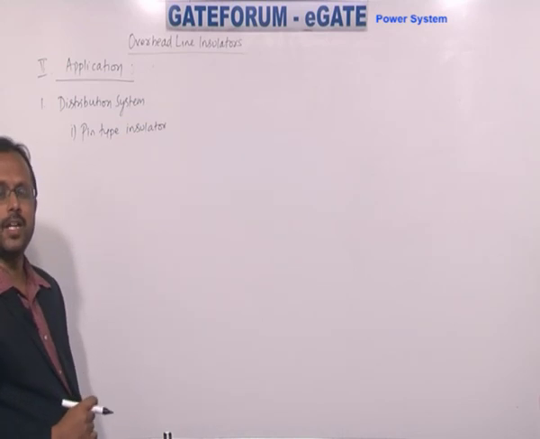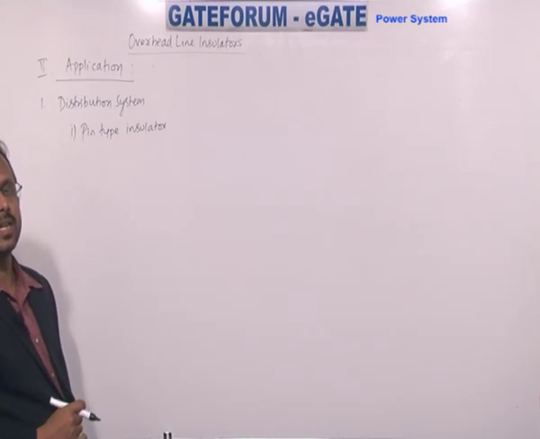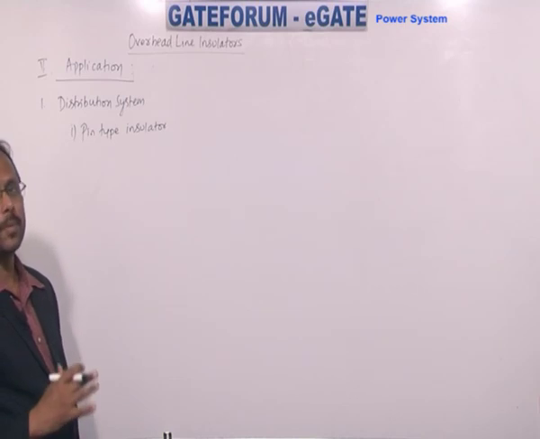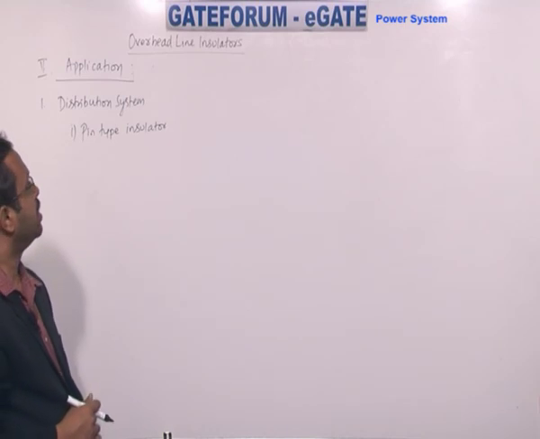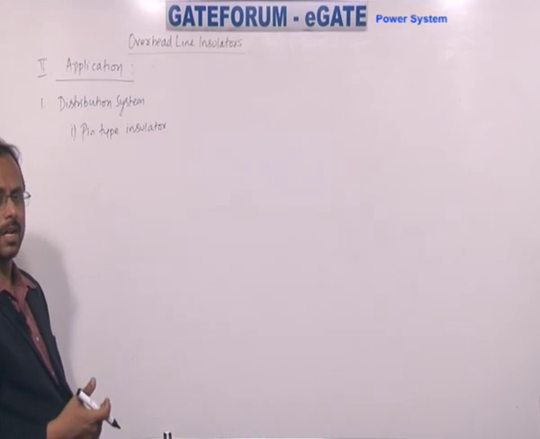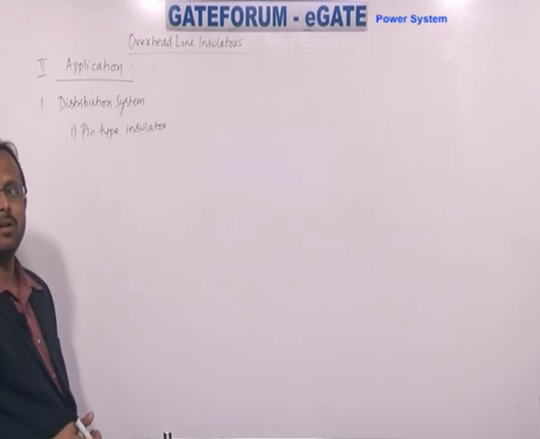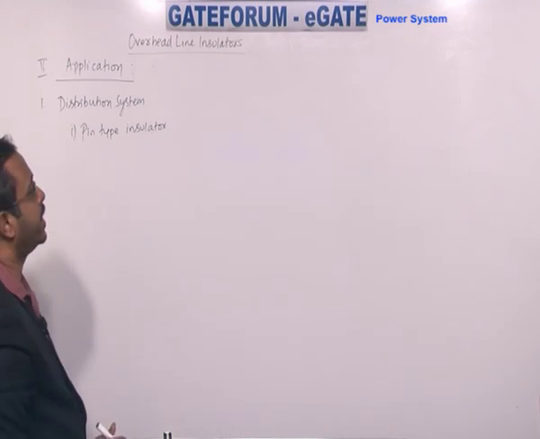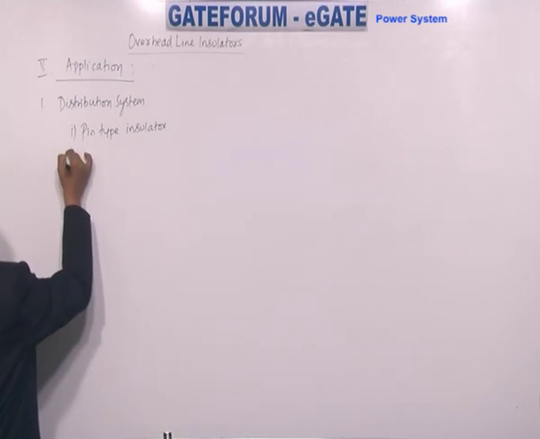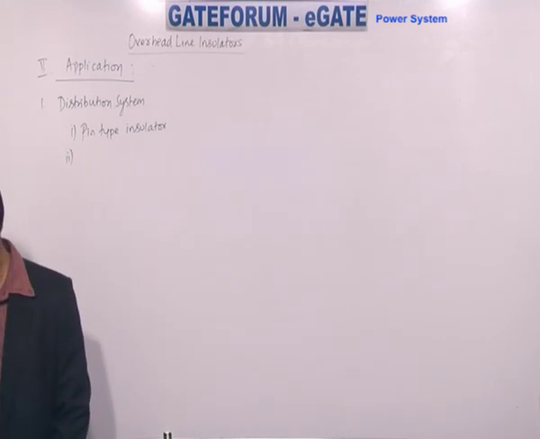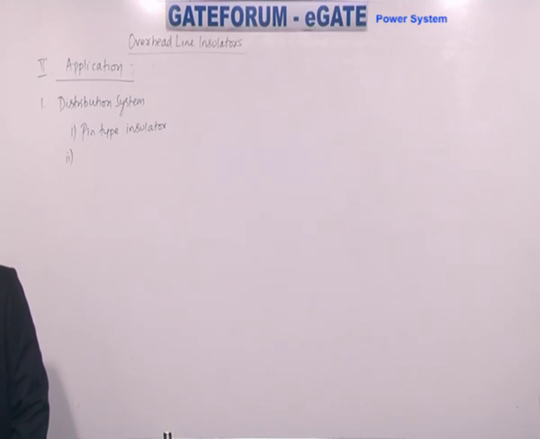What operating voltage can a pin type insulator withstand? Up to 11 kV, or extended further up to 33 kV also, but basically 11 kV. This is the insulator we use for the distribution system.